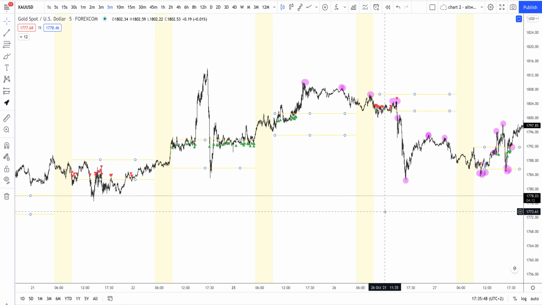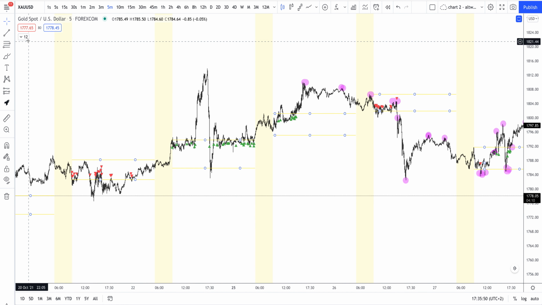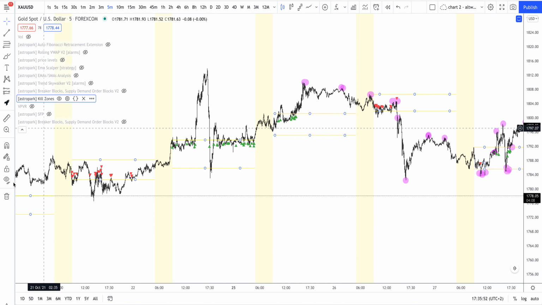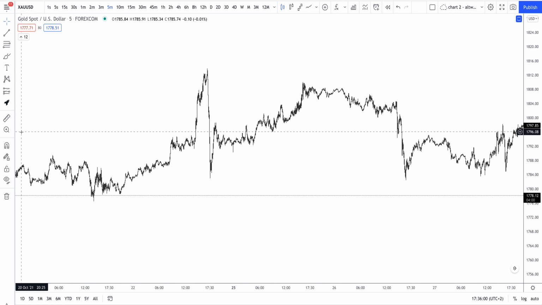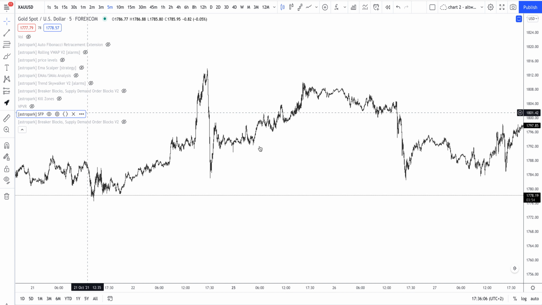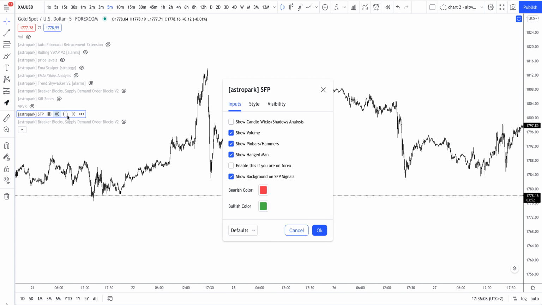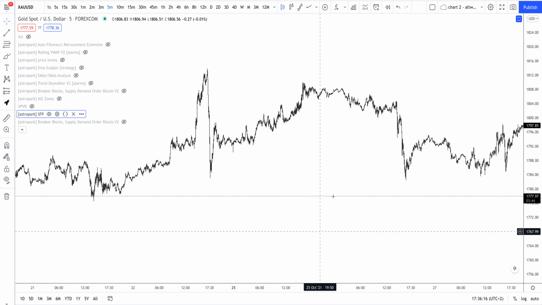So I guess this was just me trying to make you see something new. I also have this swing failure pattern indicator, which works really great on low time frames. We need to enable this, I guess.